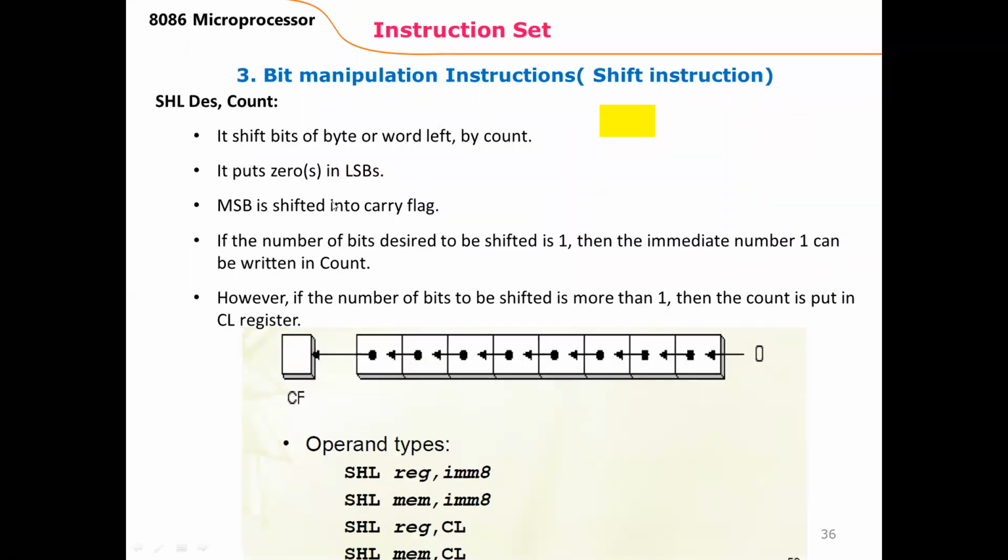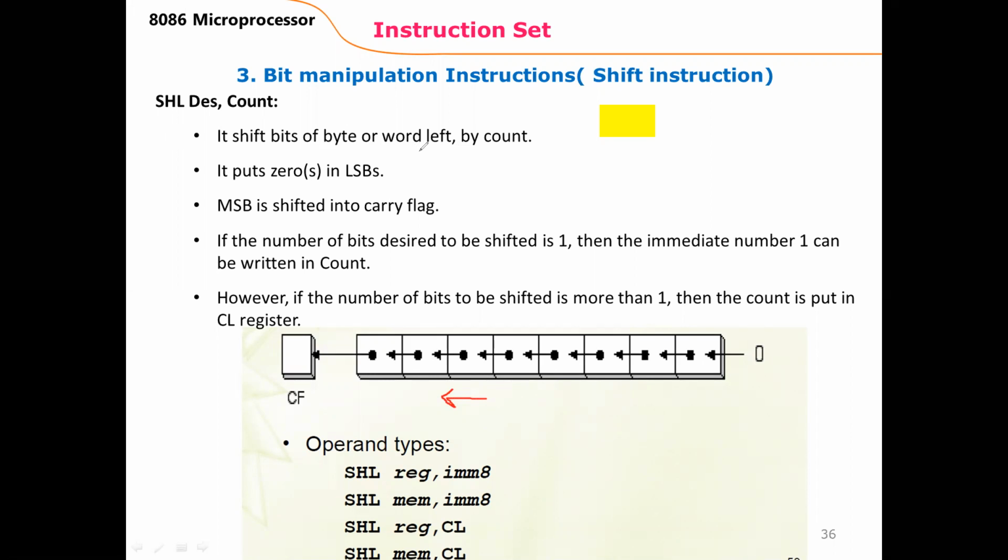Now, next is the example of shift SHL. SHL was shift logical left. In case of shift logical left, if this is the 8-bit number, we will move towards this side, the left side. So we shift bit by bit, of a byte or word. We can use an 8-bit number to shift, or we can use a 16-bit number to shift.